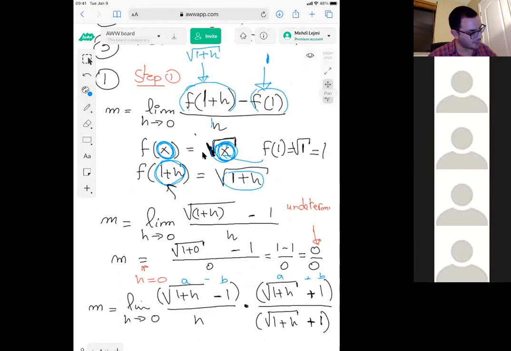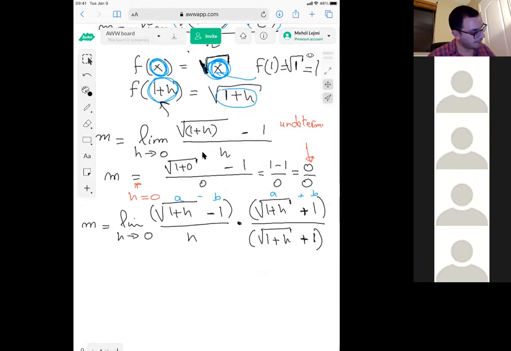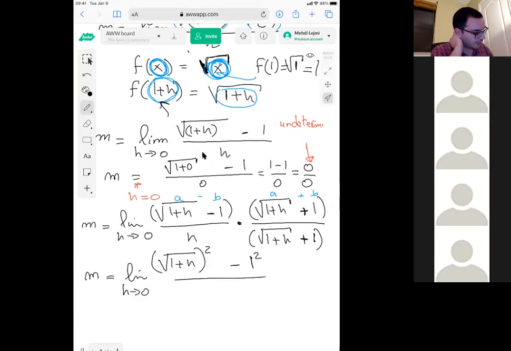So my m would be the limit as h goes to 0 of a squared, that's the square root of 1 plus h squared, minus b squared, so minus 1 squared, over h, and the same thing in the bottom, times the square root of 1 plus h plus 1.